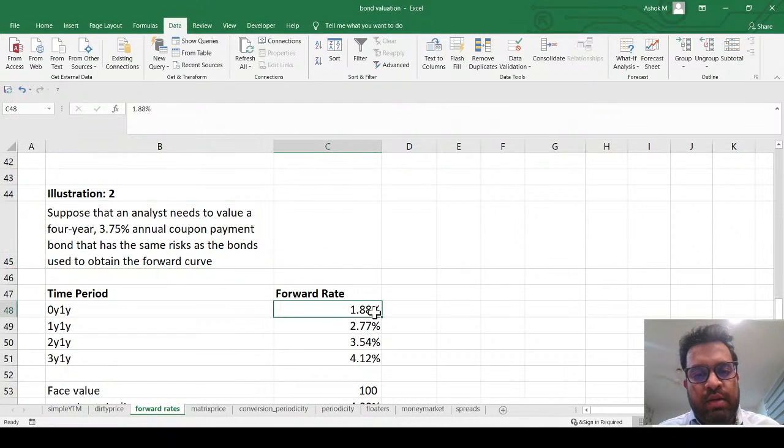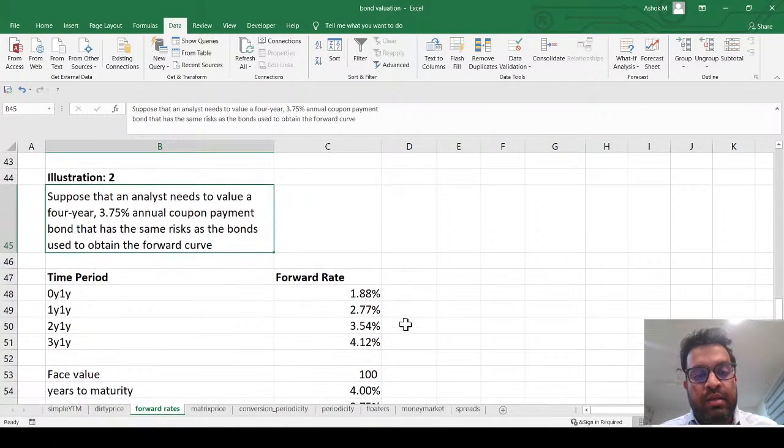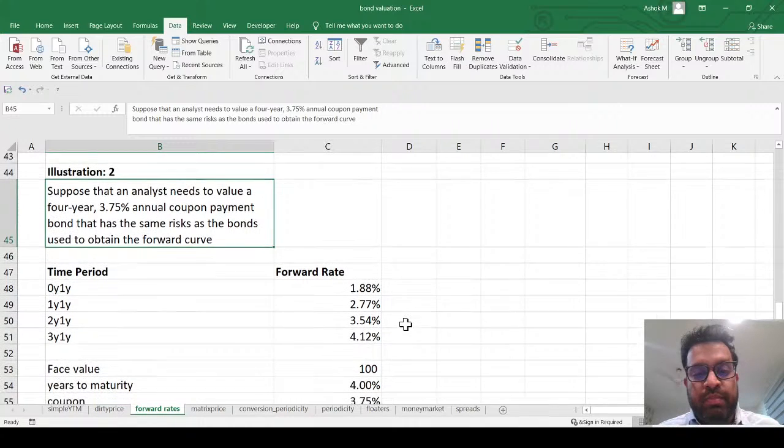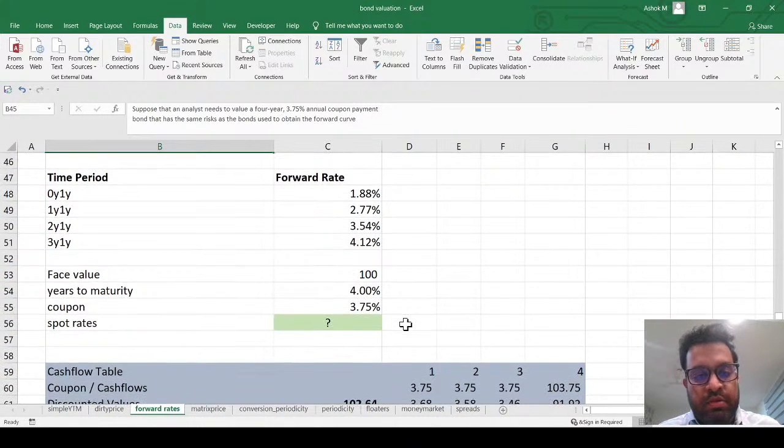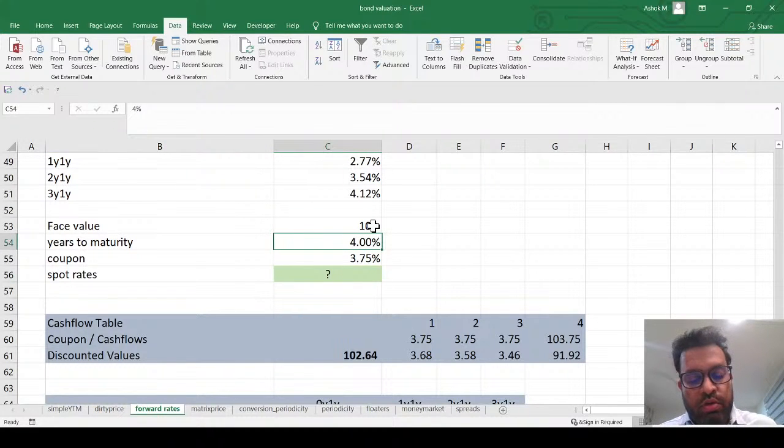That means you derived this forward rate using some bonds. The question just clarifies that you're going to value some other bond with the same risk, so here we are not adjusting for any risk premium. That is fine.